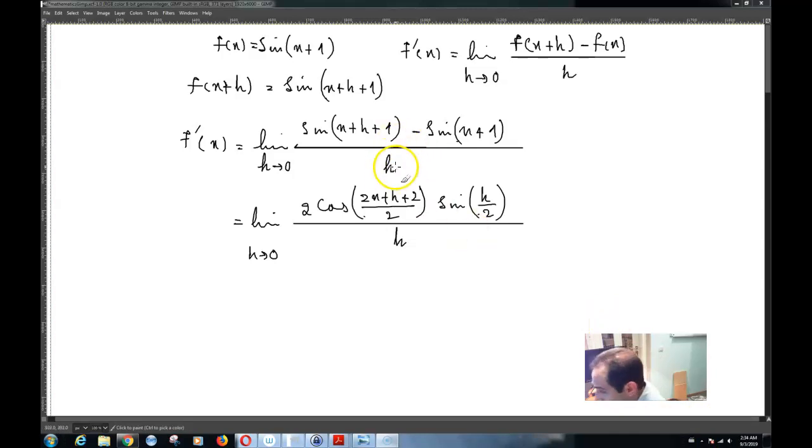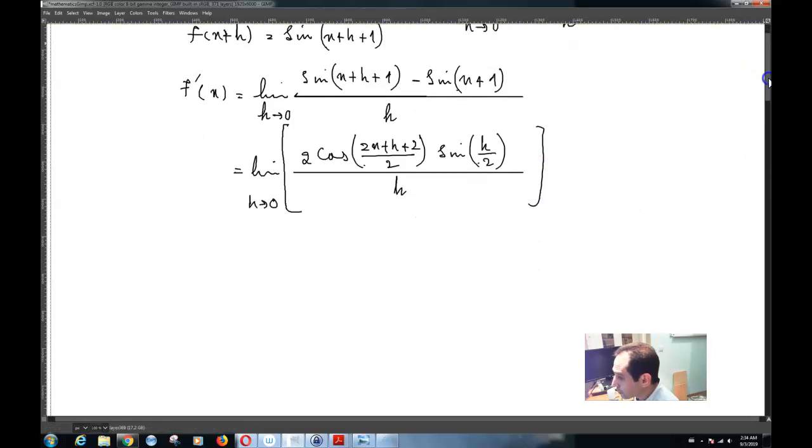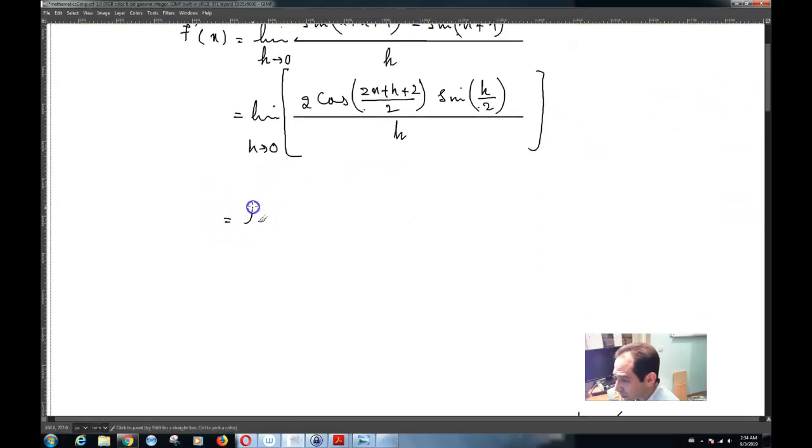Okay, so now what I can do is write this as the limit of sine of h divided by 2 divided by h divided by 2.